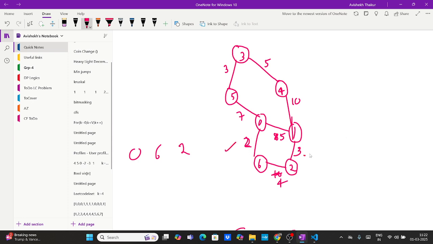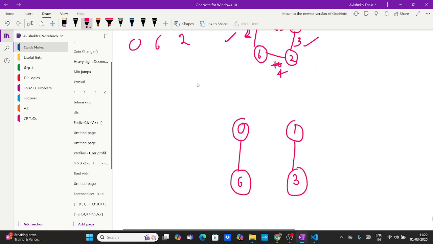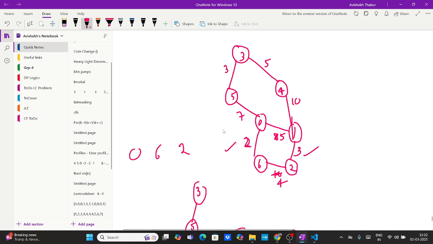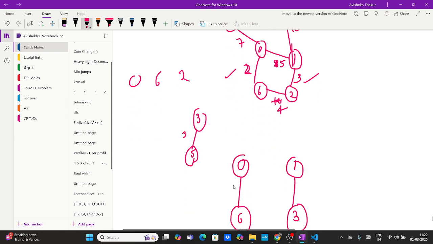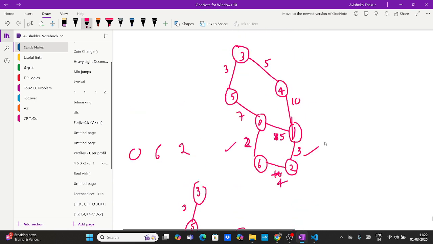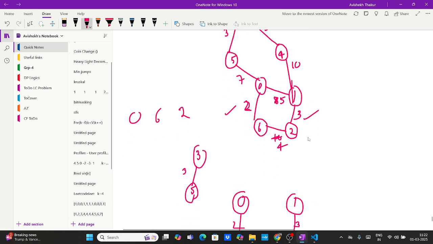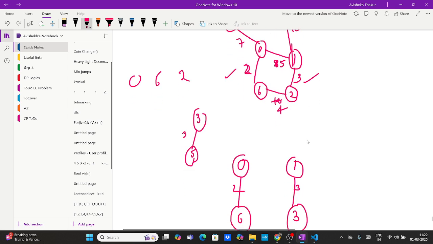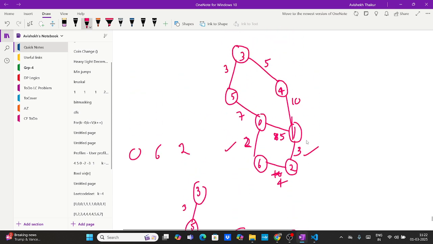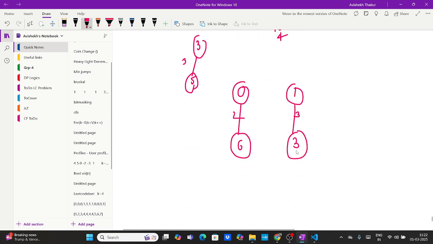This is done. One more 3 we have, which is 2, 3. What's the next smallest weight? 2, 6, which has weight 4. So this is the one.